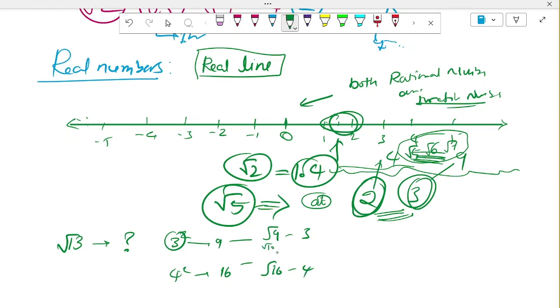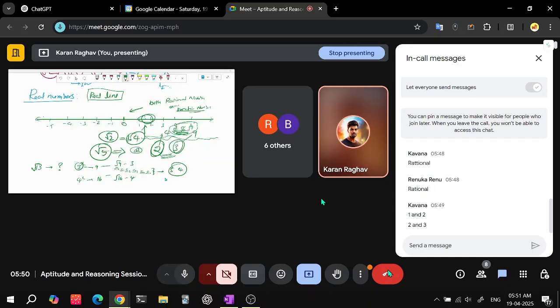Any number between them, root 10, root 11, root 12, root 13, root 14, root 15, all these numbers lie between 3 and 4. Sometimes you will have this kind of question also, because you will use this property to find whether a number is prime or not. You will learn that concept a bit later. Okay, this concept is very important, so I am emphasizing it.